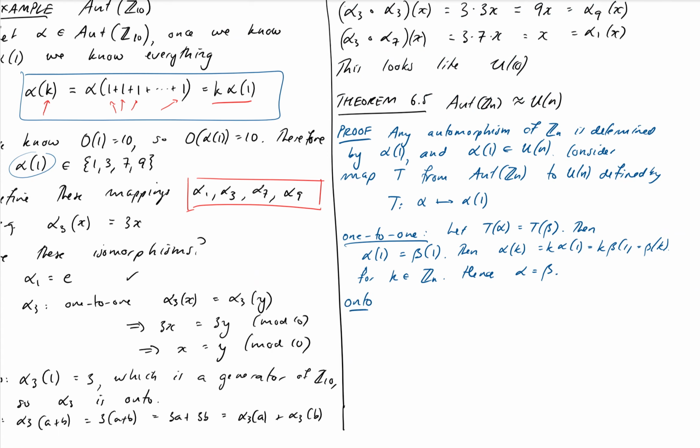So what does this mean here? This means that no matter what alpha of 1 I choose, I can find a corresponding map alpha. So my alpha of 1 is going to be a member of U of n, so let R be an arbitrary element of U of n. I need to make sure there's an automorphism that corresponds to it.